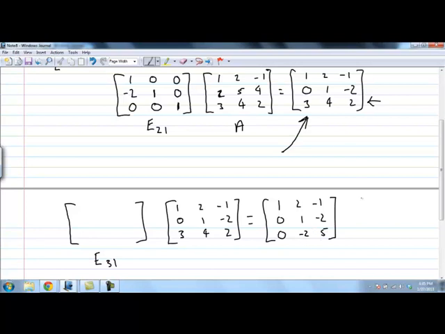In our elimination step, row 3 was transformed by taking row 3 minus 3 times row 1.